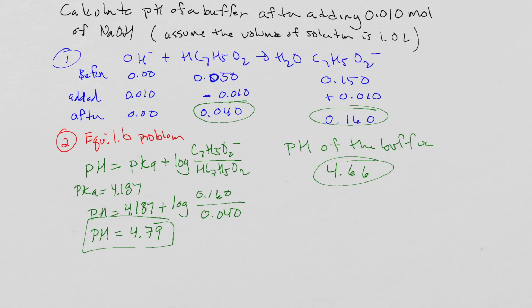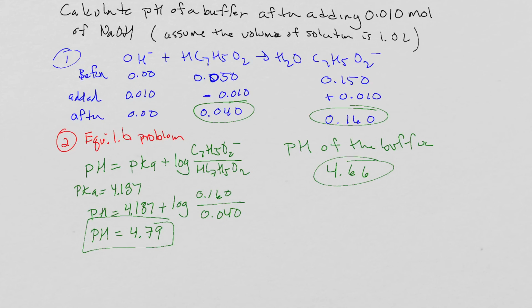We're adding some base, so not surprisingly, we're going to get a little bit more basic, because we're losing some of the acid part of our buffer and we're gaining some of the conjugate base. The equilibrium will adjust, and we'll settle out. So we got about a 0.13 change in pH. Not insignificant, but much smaller than it would have been.